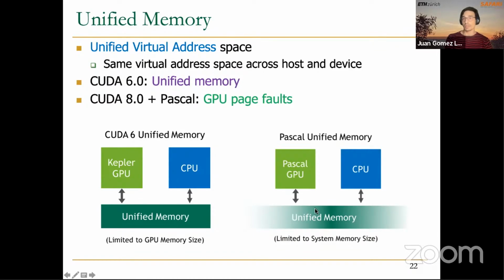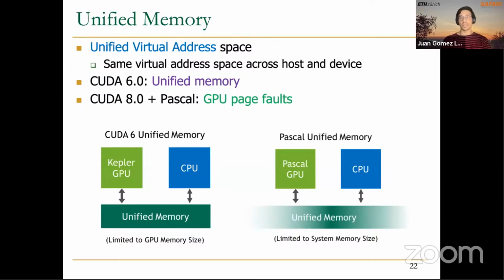And one advantage of this is that when allocating memory on the GPU side, we are not restricted anymore to the available GPU physical memory space, but we are only limited by the total amount of system memory. That's one advantage.